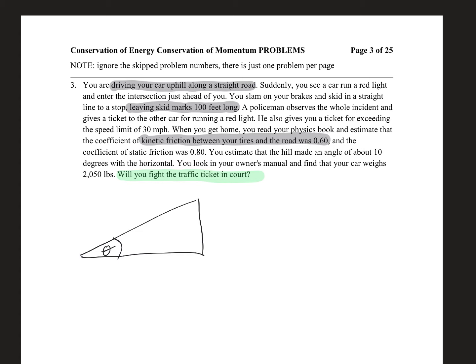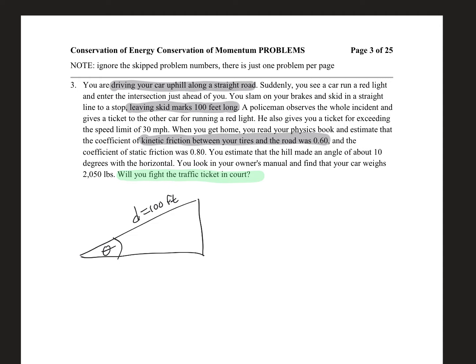And so we can call this length D. This is 100 feet of skidding. We don't know where on the hill, just 100 feet on this incline, friction was doing work against the car. The force of friction over that distance, bringing the car to a stop.